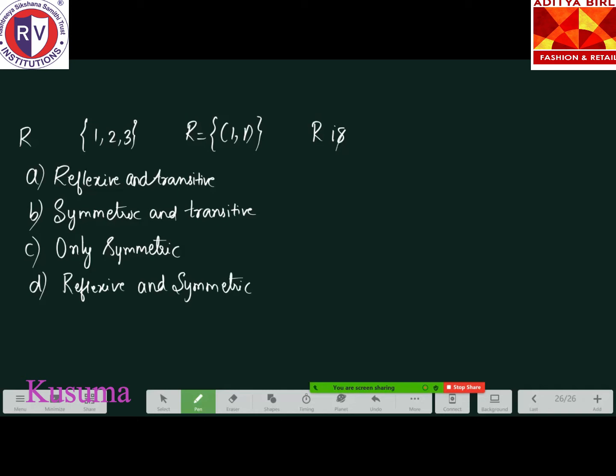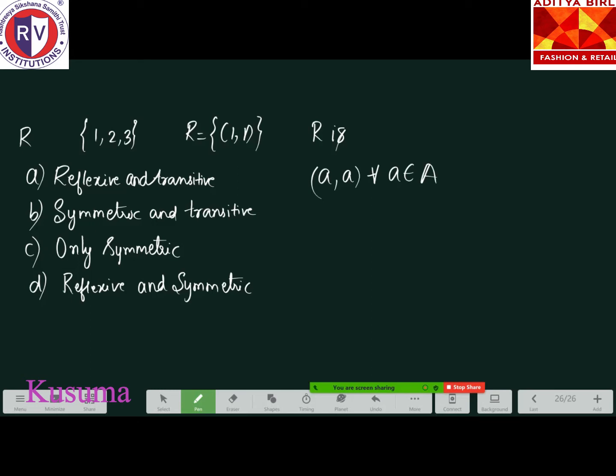Okay, so we have to check the properties, that is whether the given relation is reflexive or symmetric or transitive. Here the relation is defined as the ordered pair 1 comma 1. But we know for a reflexive relation, we have to have all the ordered pairs of the form A comma A for all the elements of the given set, right?